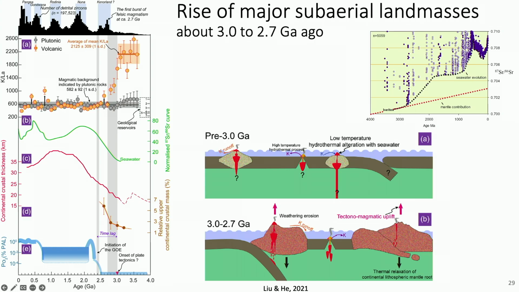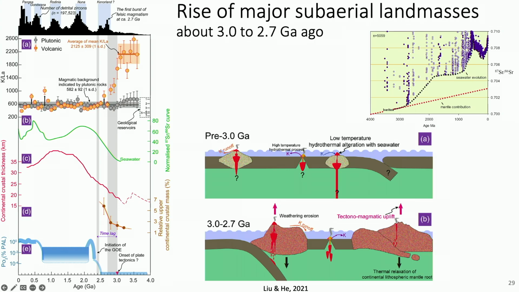What we see here from that record, as a function of time, present day and the Archean limit, is that at the beginning there was little weathering until 3 billion years ago, and then weathering started very intensively between 3 and 2.7 billion years ago, and then continued more or less like it is now.